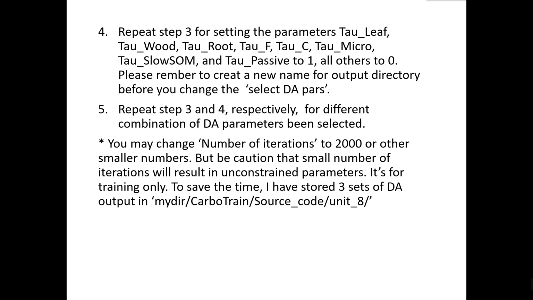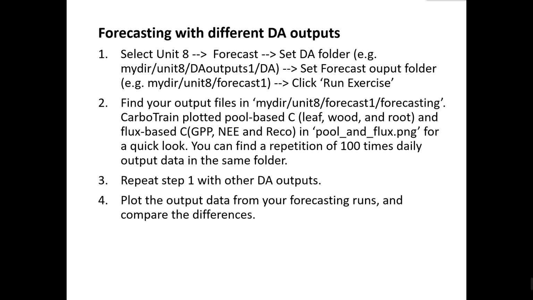In a formal data assimilation procedure, it usually takes millions of iterations to get to stable constrained parameters. Now let's do the forecasting.